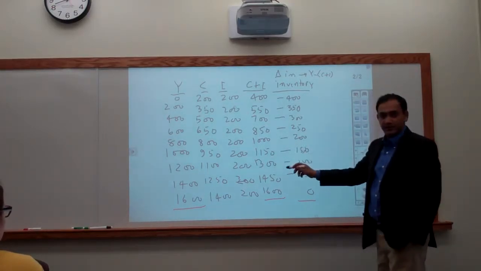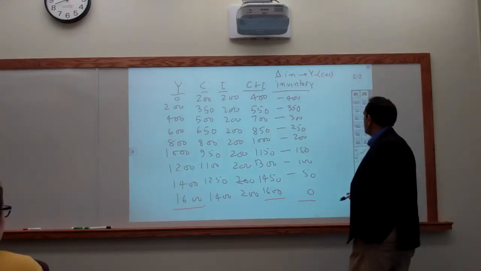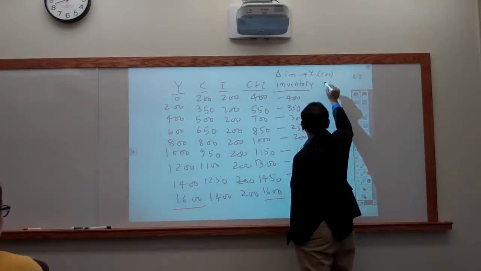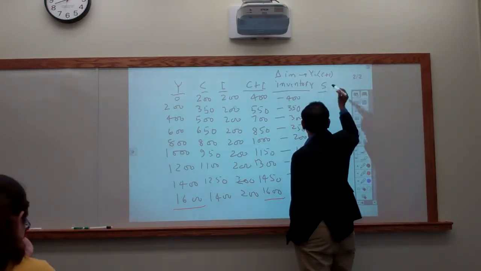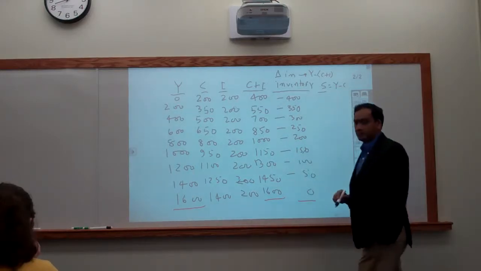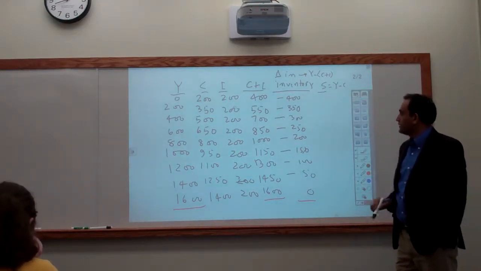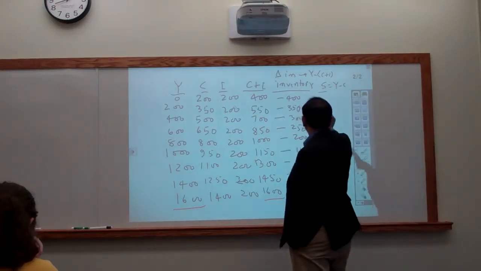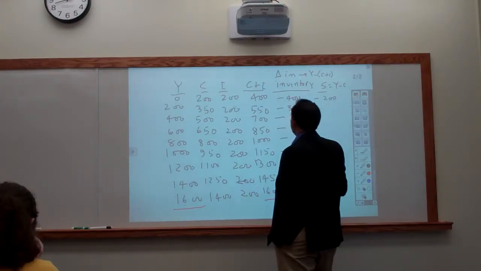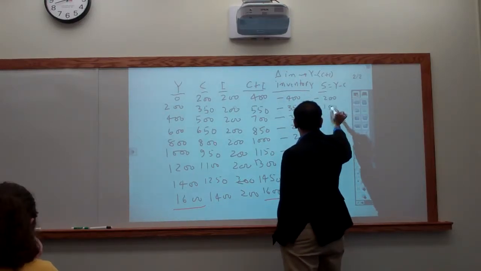We already have I, investment, given, right? The only thing we have to do is calculate savings. So savings would be Y minus C. So let's do that. Y minus C is savings. We start at negative 200 and then negative 150 and so on.